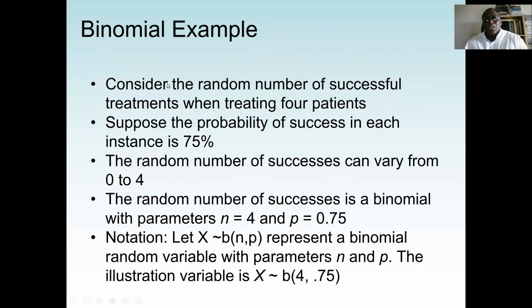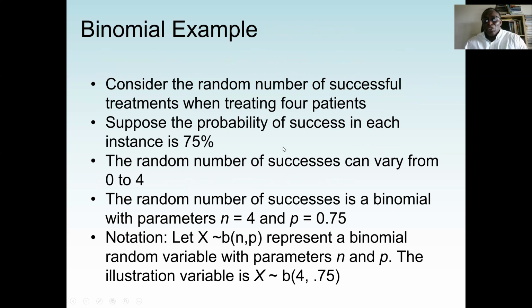So there's an example here. Now let's go through this example. Here the example says we should consider the random number of successful treatments when treating 4 patients. So our question is that we have 4 patients that a doctor is going to treat.